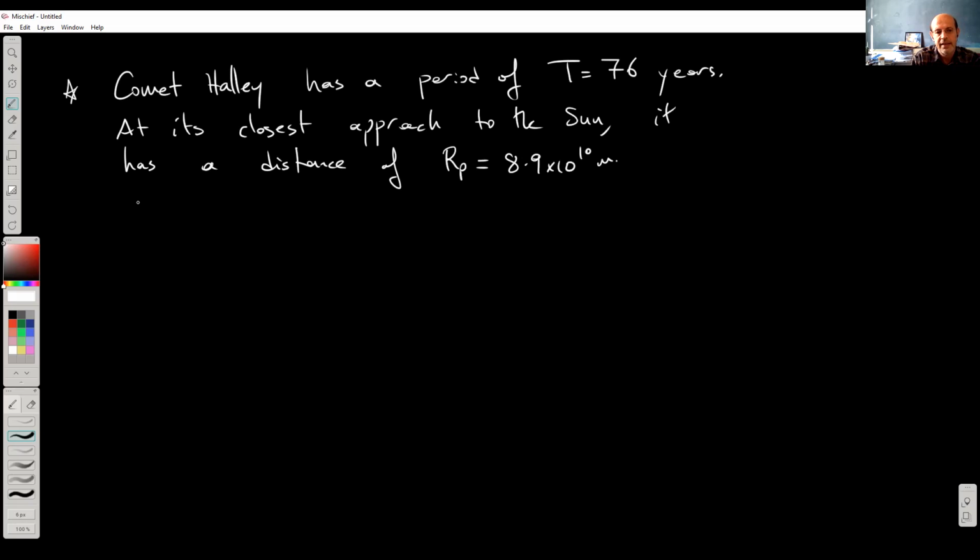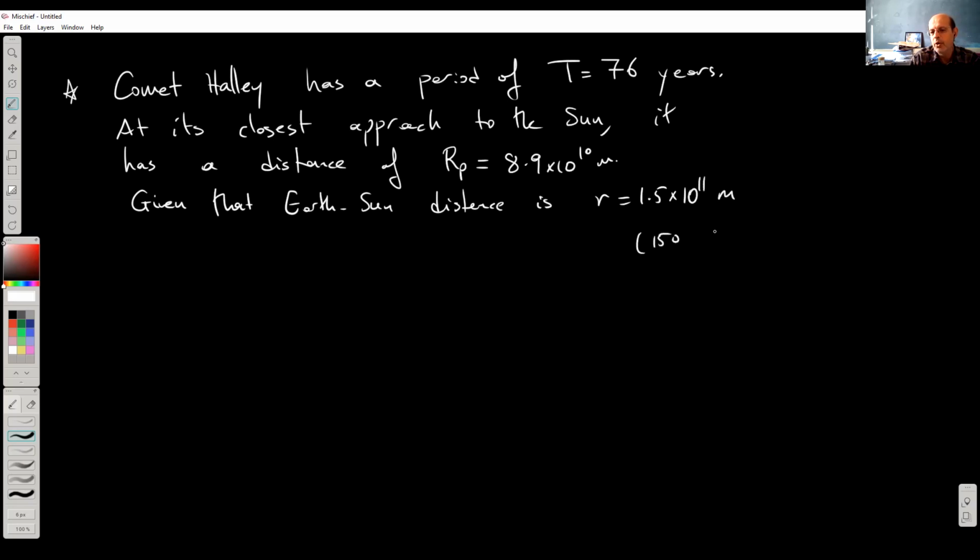Given that the Earth-Sun distance, let me call this little r, is 1.5 times 10 to the 11 meters.